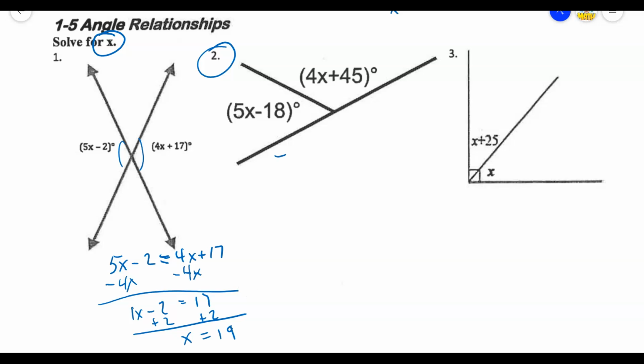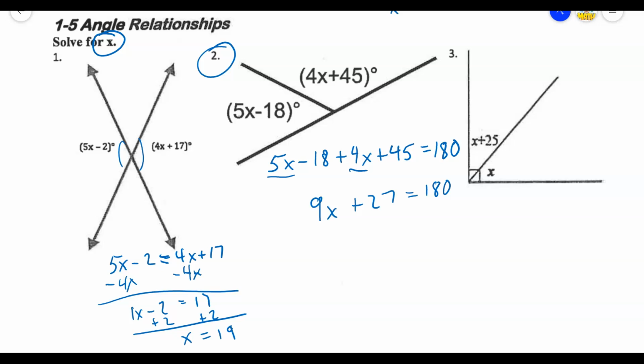Okay, so hopefully we said that these two angles form a linear pair. They're adjacent and supplementary. So what we'll need to do here is add them together and set that equal to 180. Okay, so go ahead and solve for x now the rest of the way here. Okay, so notice we have all the x's on one side, so I can combine like terms first. So I have 9x, right, and then I have 45 minus the 18, which would give me positive 27, and I set that equal to 180.